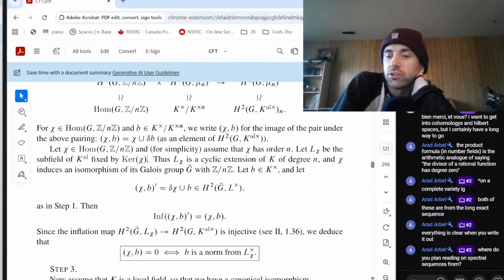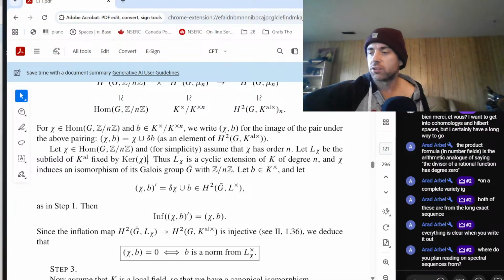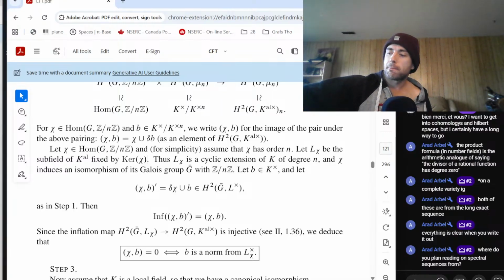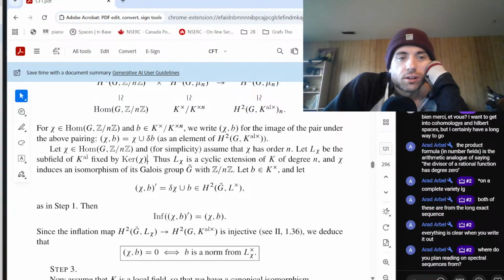Apparently you can derive the three isomorphism theorems from spectral sequences, so I suppose I would like to do that. I don't know if Aluffi does that though, but he's more detailed and stuff.